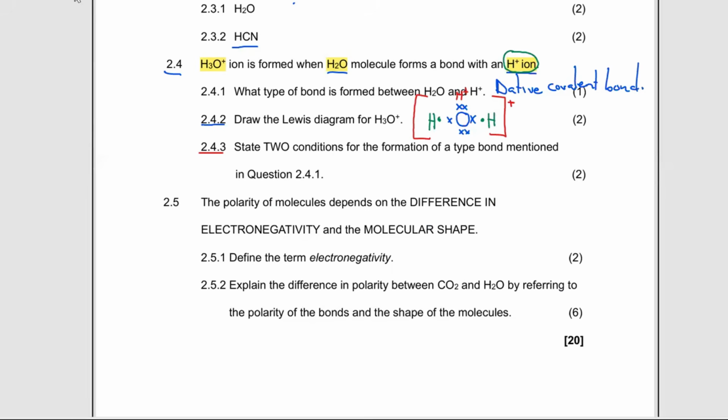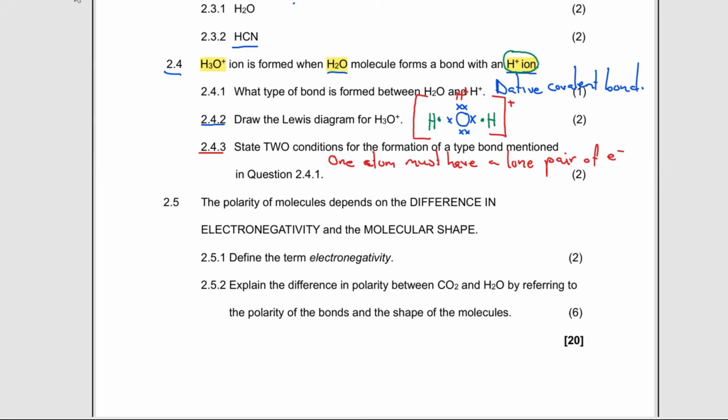Then 2.4.3 says to state 2 conditions for the formation of the type of bond mentioned in 2.4.1, right? The first condition is that one atom must have a lone pair of electrons.